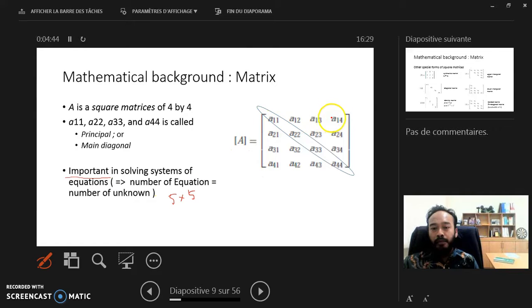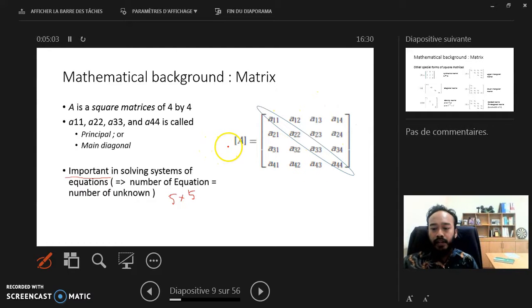Or here it's a 4 by 4. It means it is a matrix that comes from a problem that has 4 unknowns and 4 equations, right? So it's always going to be a square matrix. So a square matrix, a 4 by 4, is this kind of matrix.